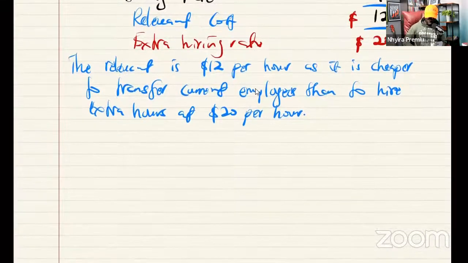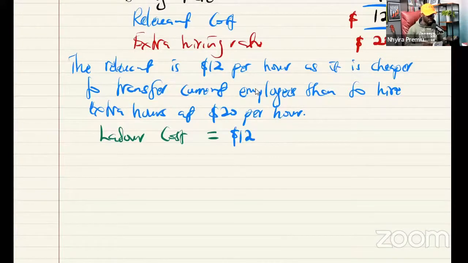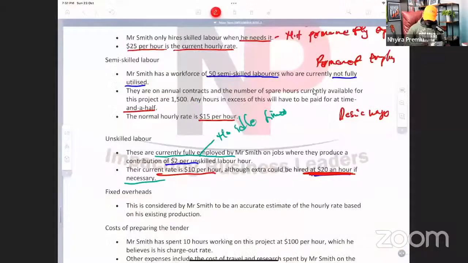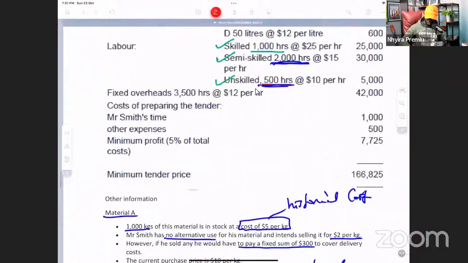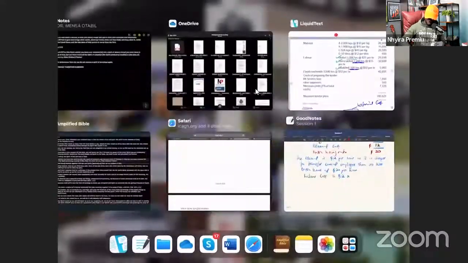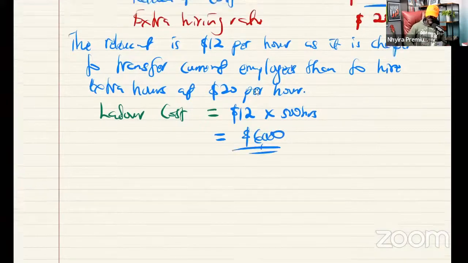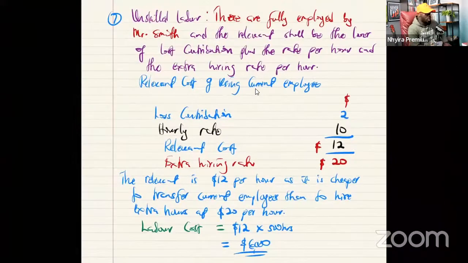So our labor cost for the unskilled labor will now be the $12 per hour multiplied by how many hours do we need? Just 500. 12 times 500 is 6,000.